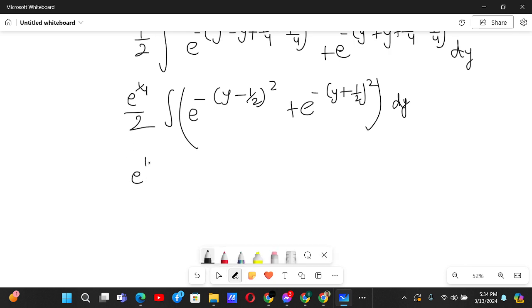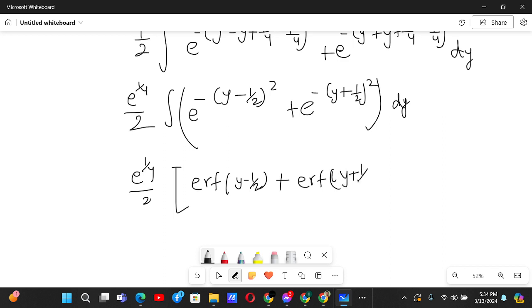So e to the power 1 by 4 by 2, this is erf of y minus 1 by 2 plus erf of y plus 1 by 2. Wait a second, with erf I also need to write root pi by 2, so I will write it over here, taking root pi by 2 common from both of them.